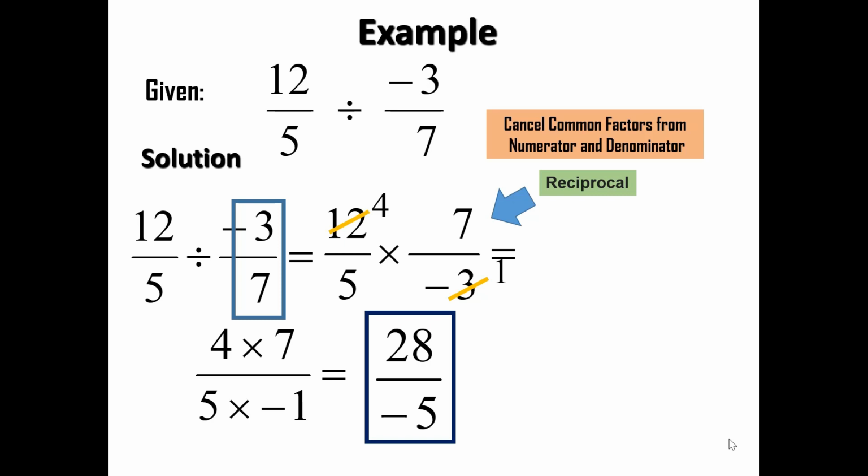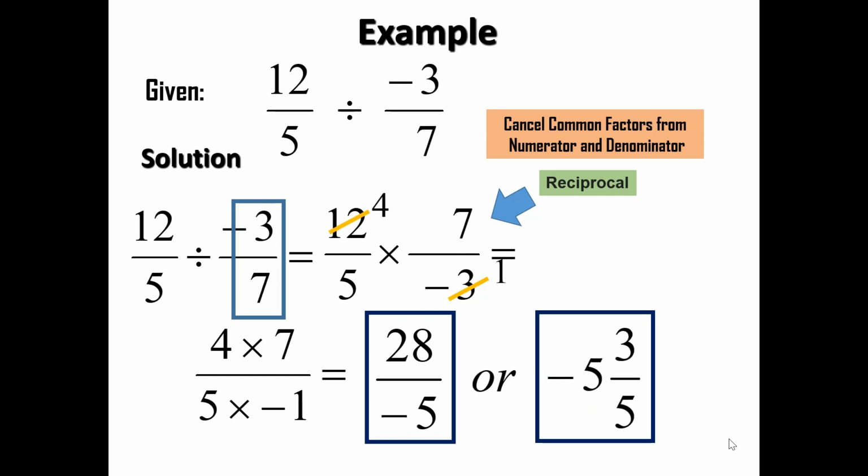I-simplify natin, 4 times 7 is 28 over 5 times negative 1 is negative 5, or the answer is negative 5 and 3/5. So yung 28 over negative 5 is improper fraction, and yung negative 5 and 3 over 5 ay mixed fraction.